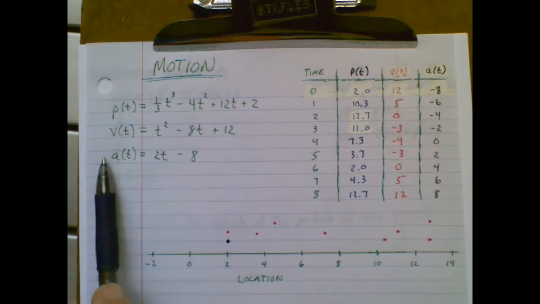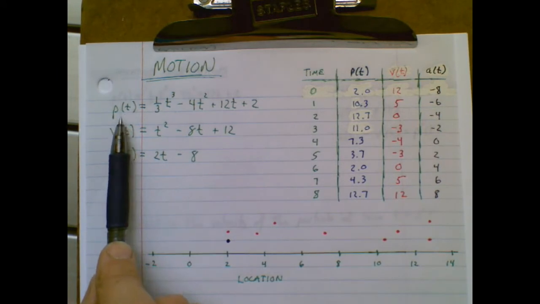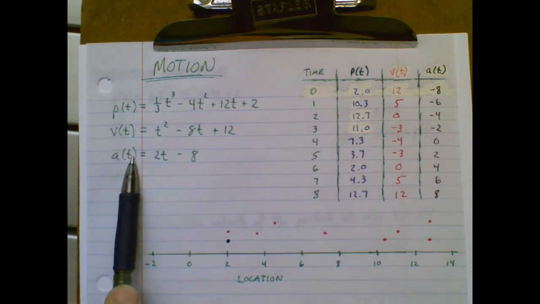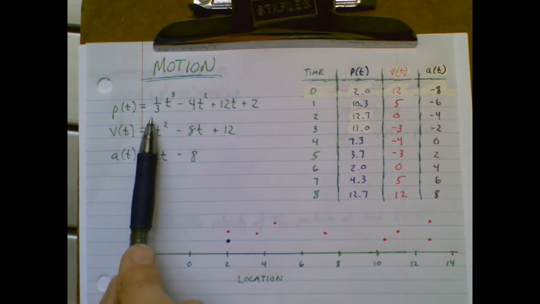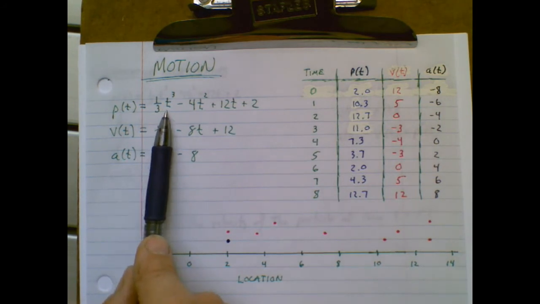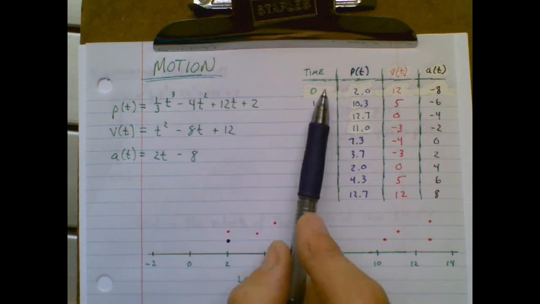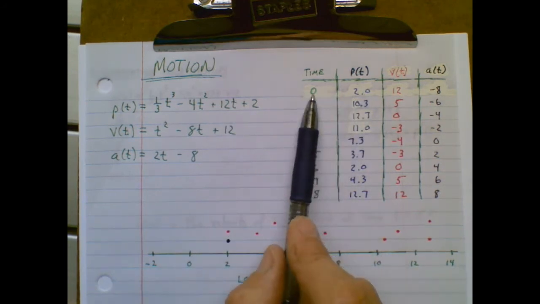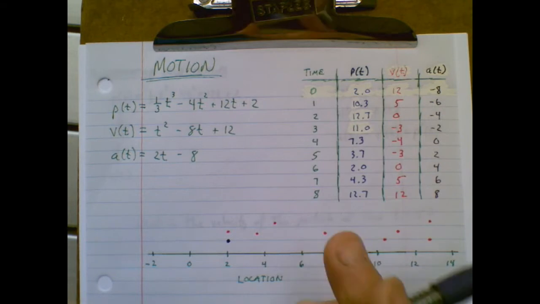I have already given us a position function, a velocity function, and an acceleration of some particle. So, for example, if I wanted to know what is the position of my object at time 0, I plug in a 0 into here, and I've done all the math for you already. At time 0, its position is 2.